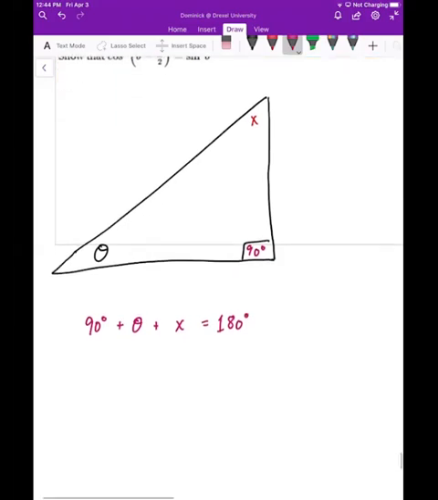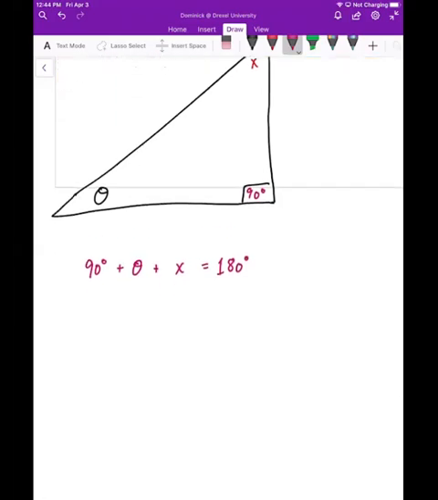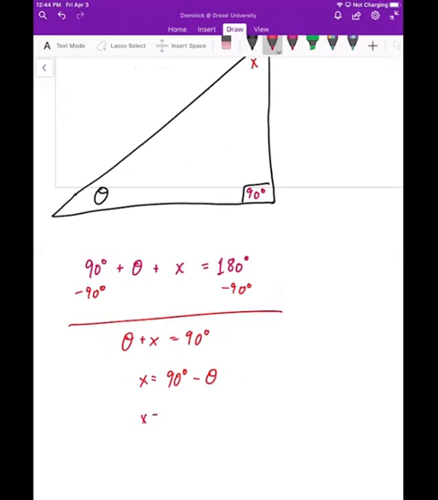All right, and we'll convert this to radians in a second. But what this means is that if I subtract 90 from both sides, I'm going to get that theta plus x is 90 degrees, and then subtract theta from both sides, and I get that x has to be 90 minus theta, or in radians, this is pi over 2 minus theta, right?